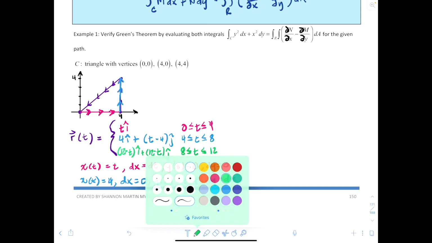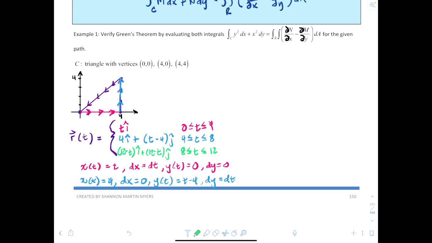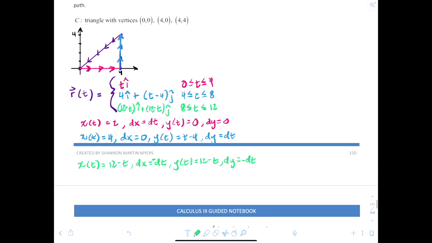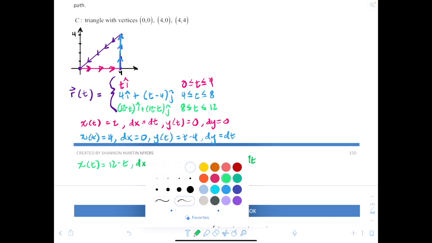And then that last curve is going to be x at t equals 12 minus t, so dx is negative dt. y at t is also equal to 12 minus t, and so dy is going to be equal to negative dt as well. Groovy?